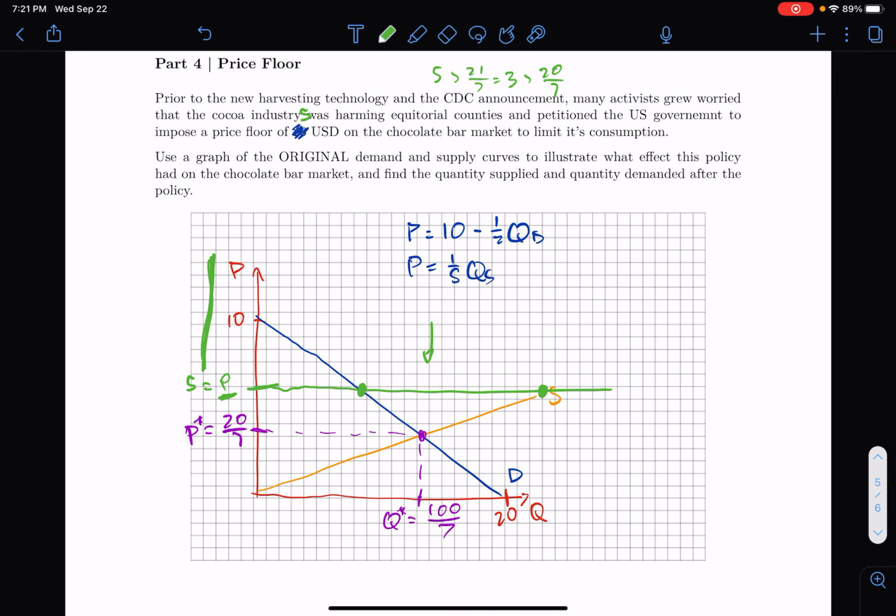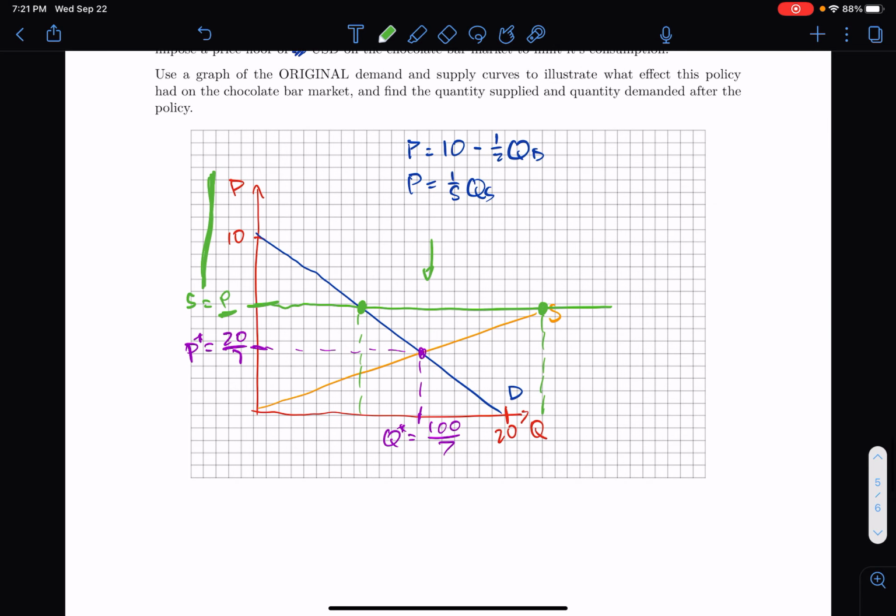And what we need to do here is solve for the two quantities. So here we can see that quantity demanded is going to be smaller, and quantity supplied is going to be larger than our original equilibrium. So we're going to get a surplus.